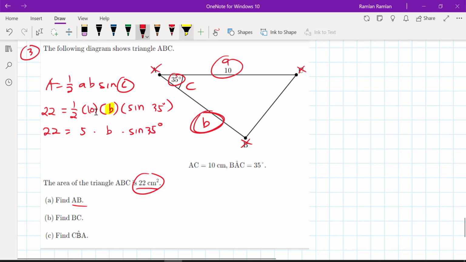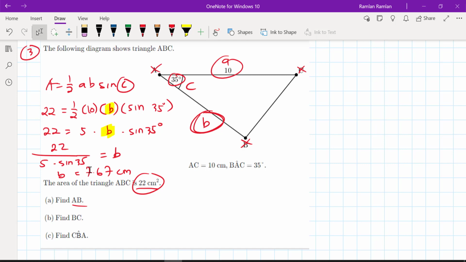So I'm going to get rid of the 5 and the sine 35 by dividing both sides by that. So that'll be 22 over 5 times sine 35 equals b. Just plug all of this into the calculator. It'll be equal to 7.67, and it is in centimeters.